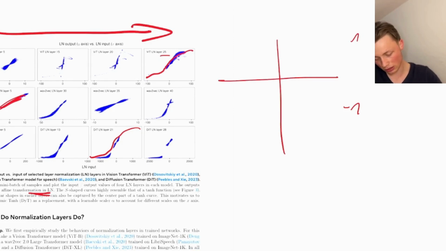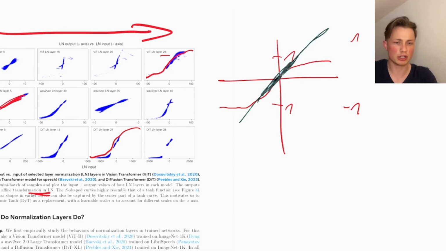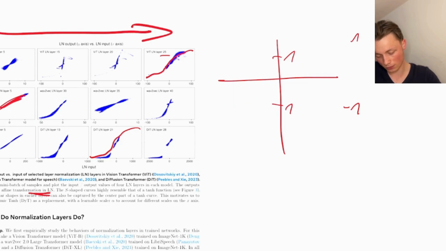Let's just draw it again from -1 to 1, and we see this one here in the middle. We actually do have just a linear function. So it's possible to also do just a linear mapping if you use this tanh function.